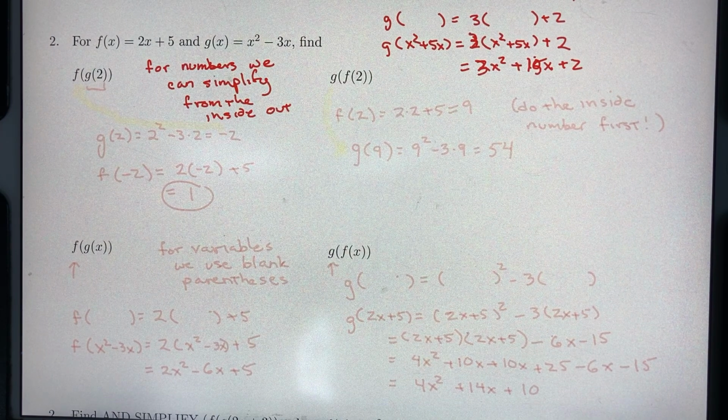And for variables, we use blank parentheses from the left function, the outside function, because we can't simplify from the inside out.